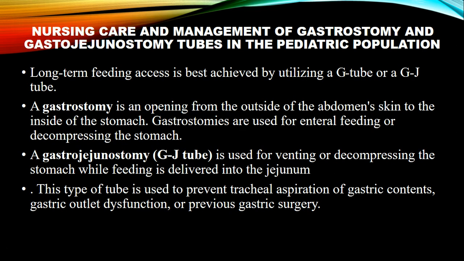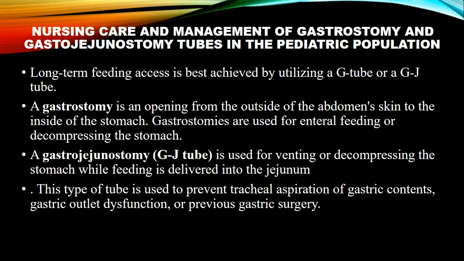Decompressed means the contents will not be there, and feeding is delivered into the jejunum. Here, in gastrostomy, feeding will be delivered into the stomach, but in gastrojejunostomy, feeding will be delivered into the jejunum. This type of tube is used to prevent aspiration of gastric contents, in gastric outlet dysfunction, or after previous gastric surgery.